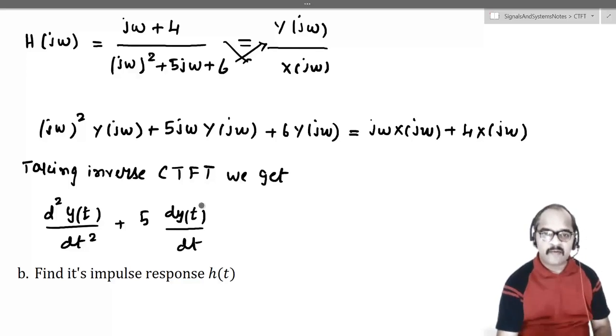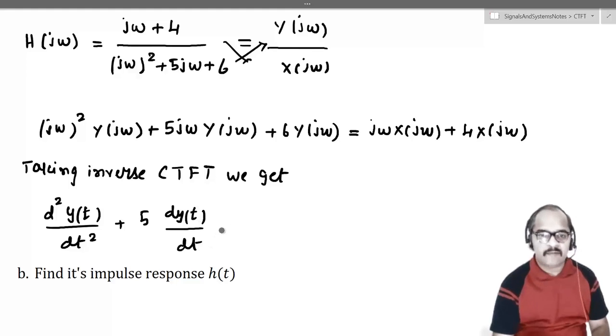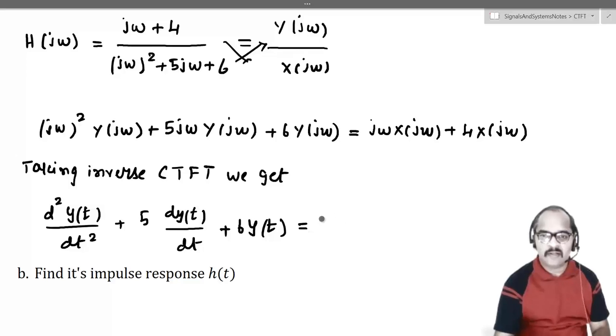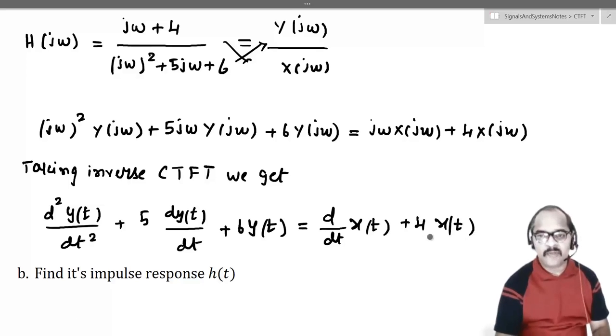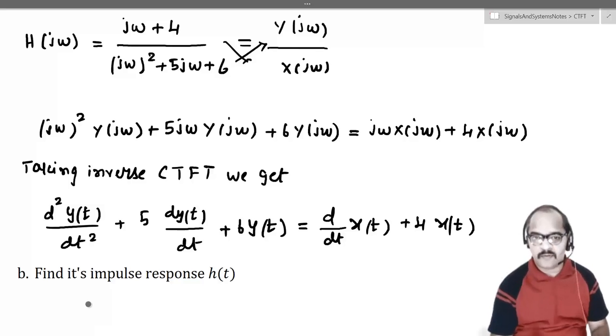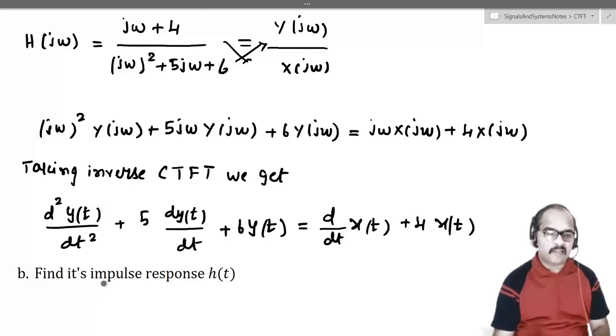Correct? j omega Y of j omega means d by dt of y of t. Plus 6 y of t is equal to d by dt of x of t plus 4 x of t. So that would be the linear constant coefficient differential equation for the given frequency response.